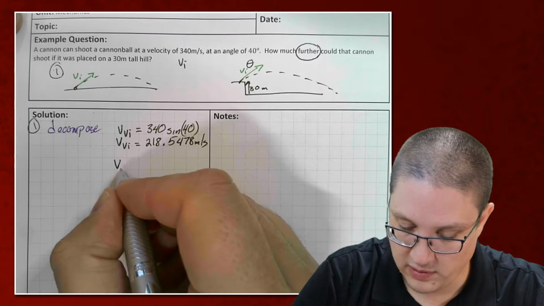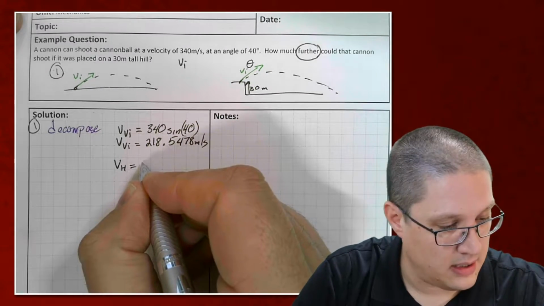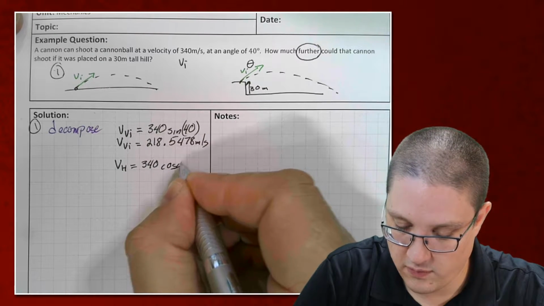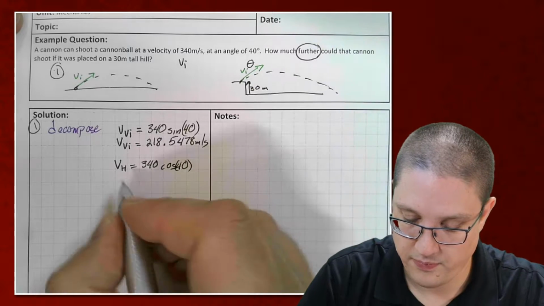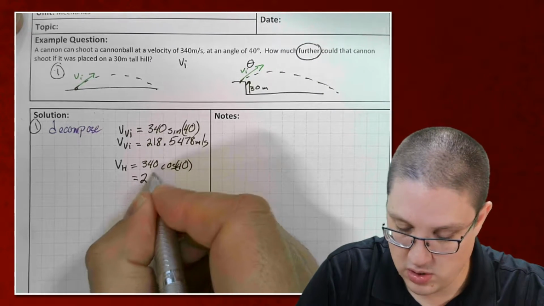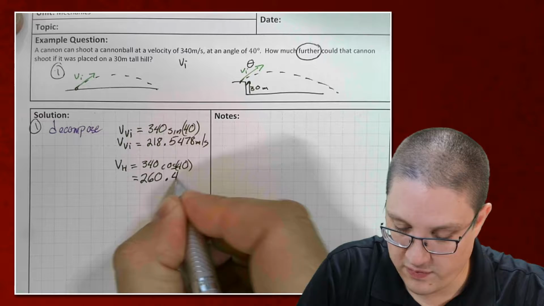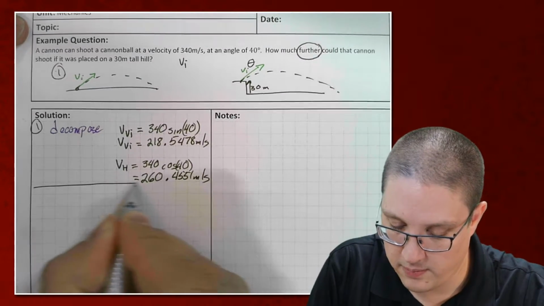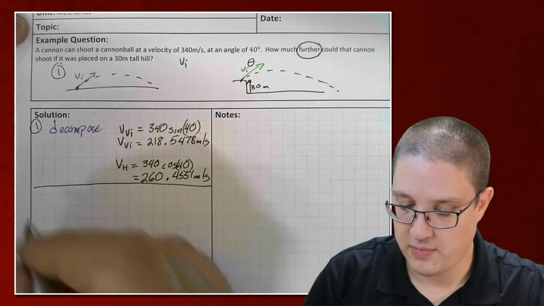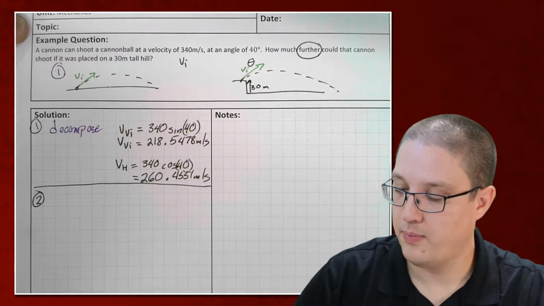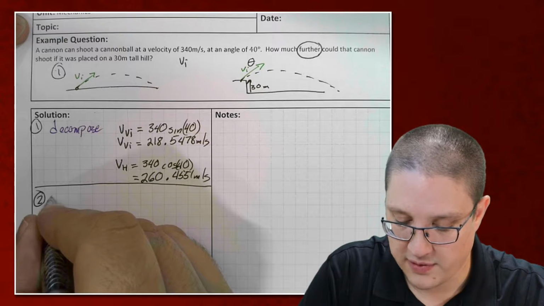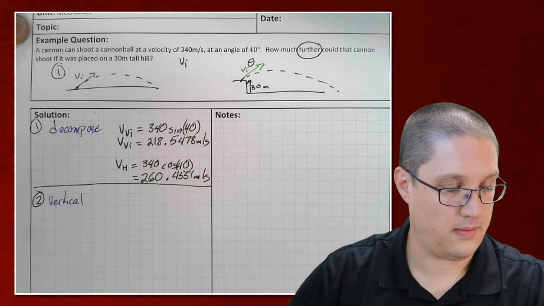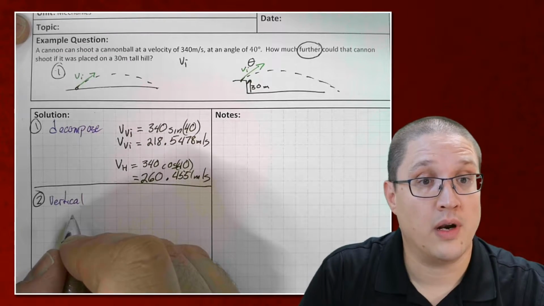My horizontal velocity is 340 cos 40, which works out to 260.4551 meters per second. Okay, good. Step number 2. I need to figure out my vertical parts. Here's what I know.